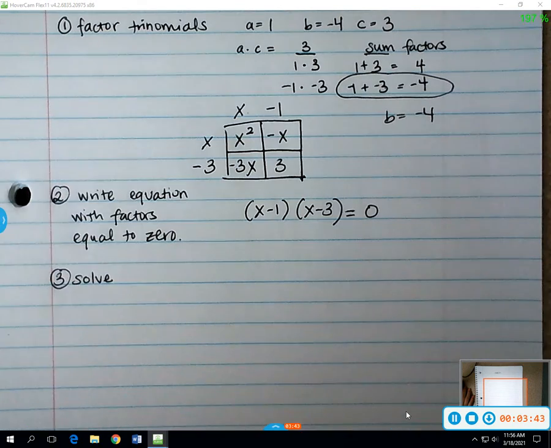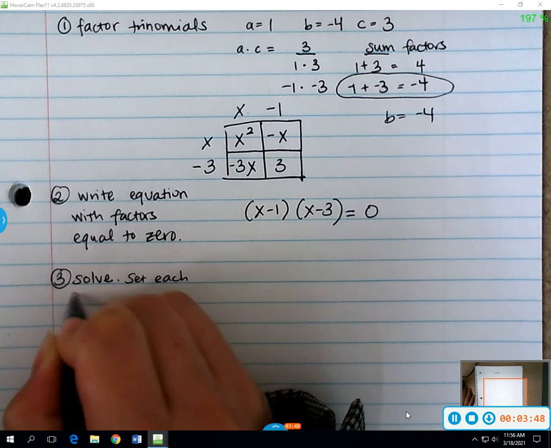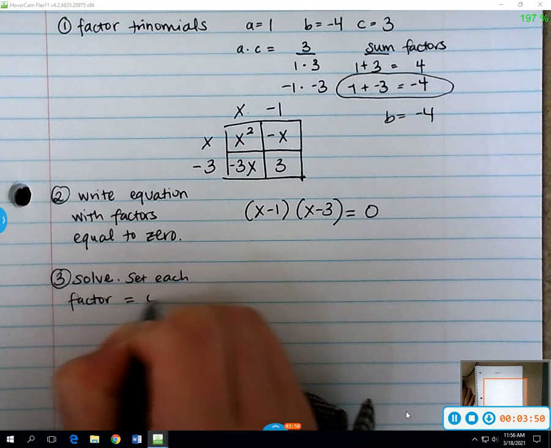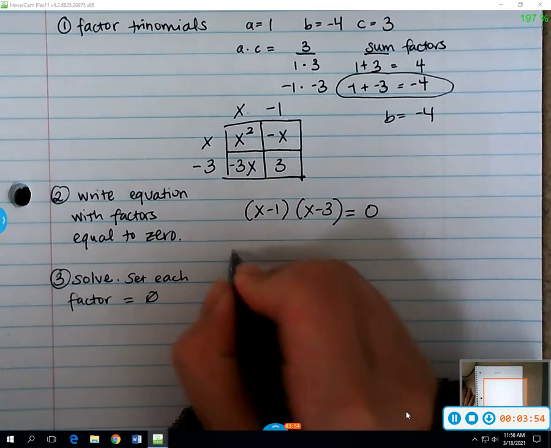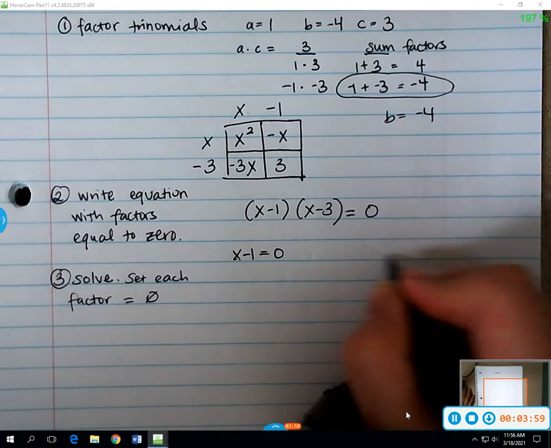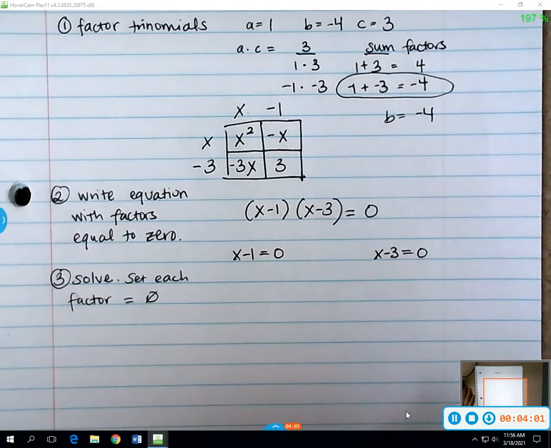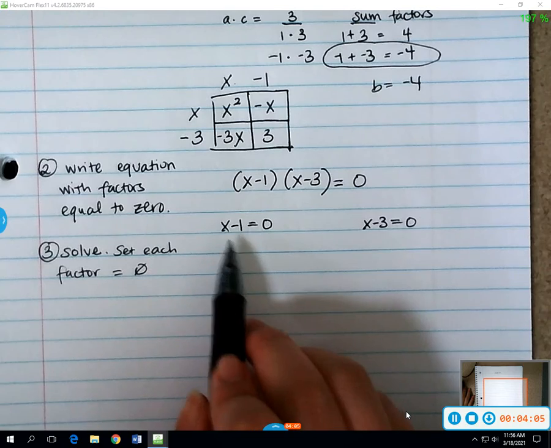So in order to solve, we set each factor equal to 0. So this first factor, x minus 1, is going to be equal to 0, and the other factor, x minus 3, is going to be equal to 0. And then we just solve for x.